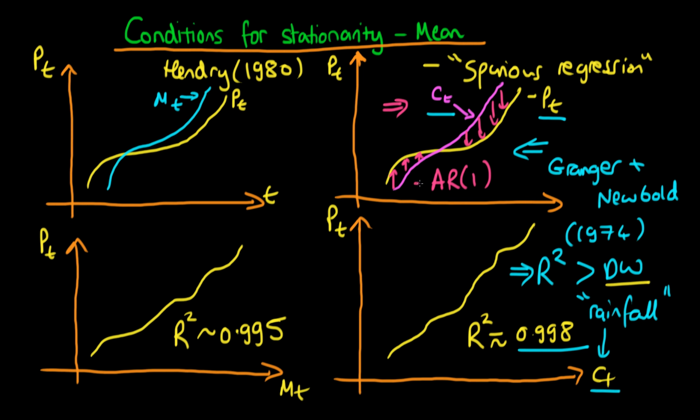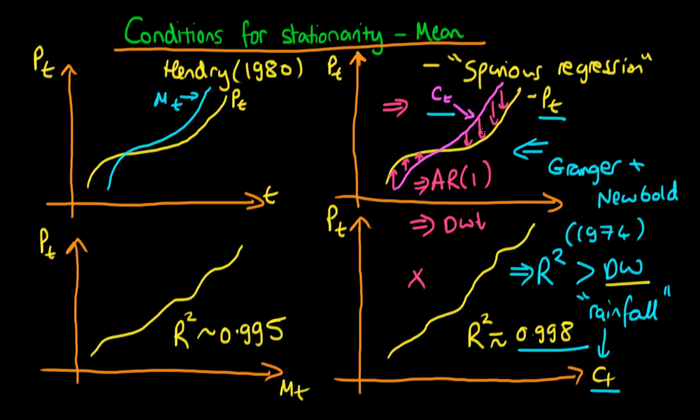Don't worry if you don't know what AR1 means, we're going to talk about it in the next few videos. But it looks like we have some sort of serial correlation, and that will be realized in the fact that our Durbin-Watson statistic will be very low. So even though we have a high R squared, which we can see from the bottom right graph, we have a very low value of our Durbin-Watson statistic.